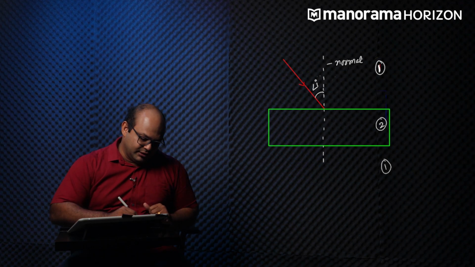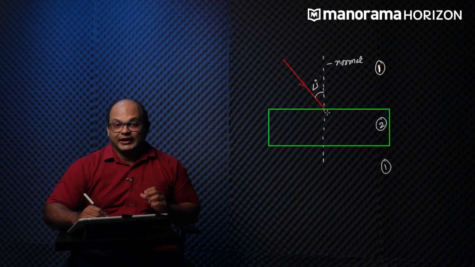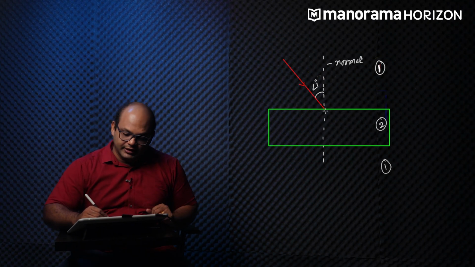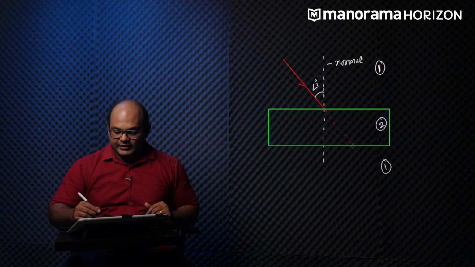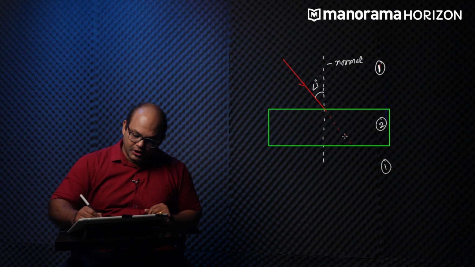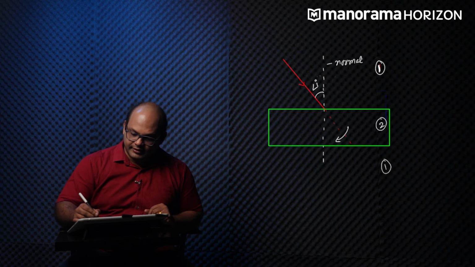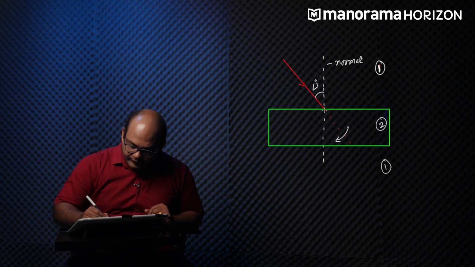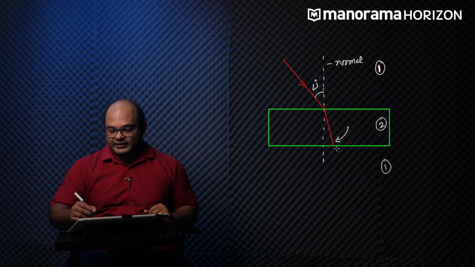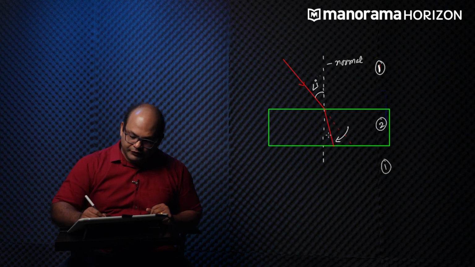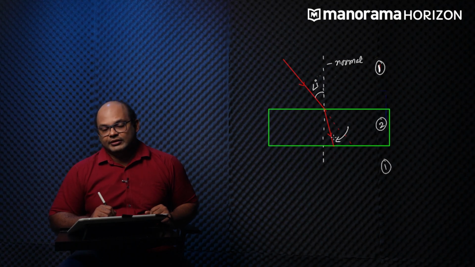So while the normal path for this ray, if the glass slab would not have been there, would go something like this, in fact, the ray will bend towards the normal. So it will go something like this. So this will be the actual path traced by this beam of light through this material.